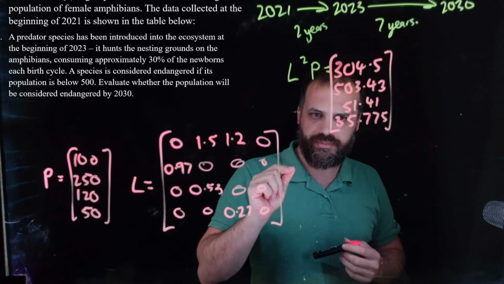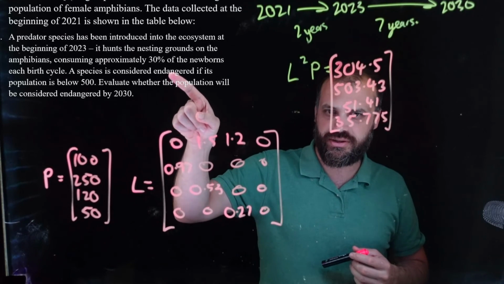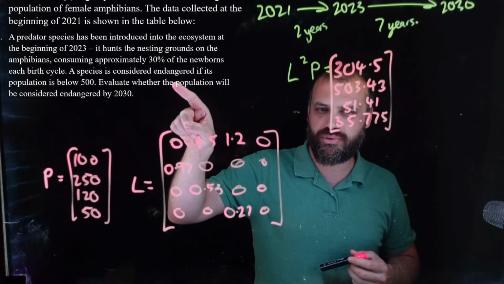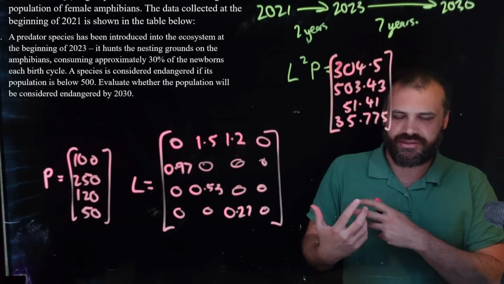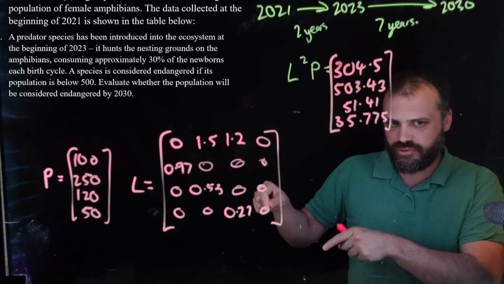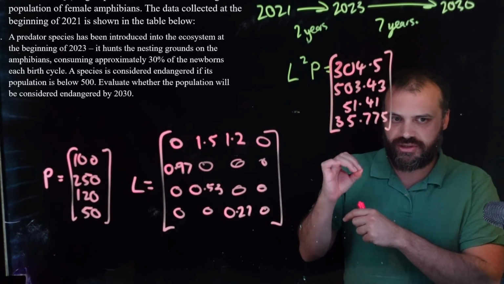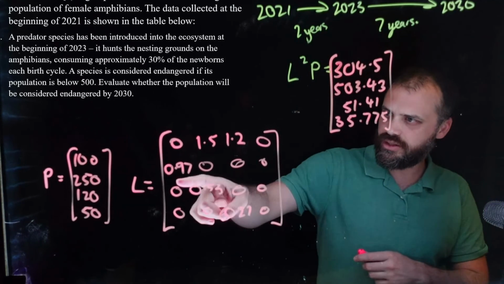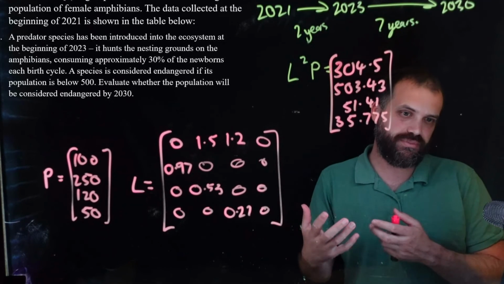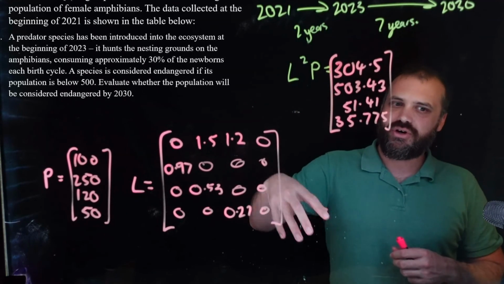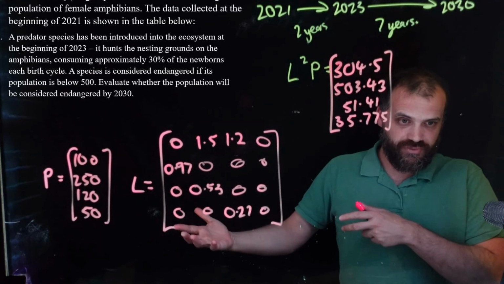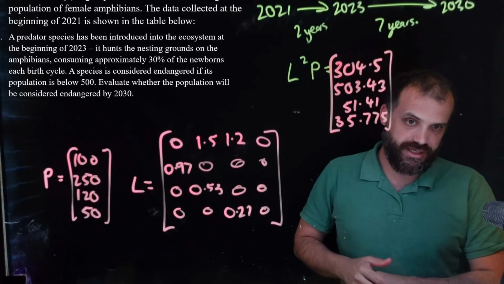Okay, then what happens? It says the predator consumes approximately 30% of the newborns. Okay, what does that affect? It's affecting the survival rate of the 0-year-olds. At the moment, the survival rate is 97%. I'm taking this to mean that of those 97% that would normally survive, 30% of them get eaten.